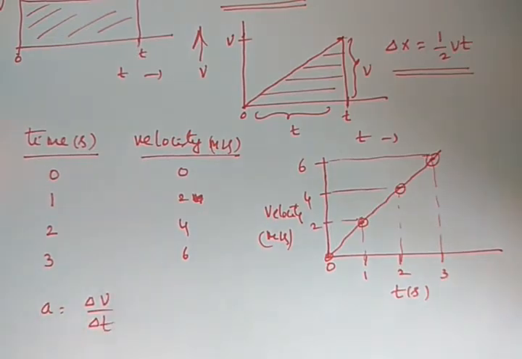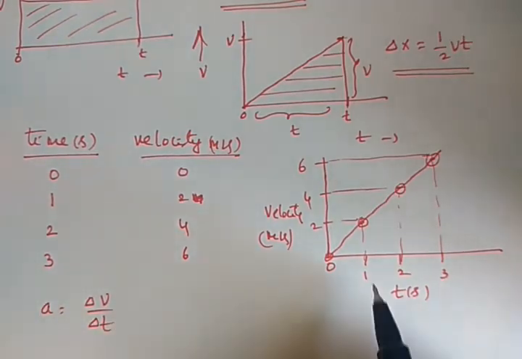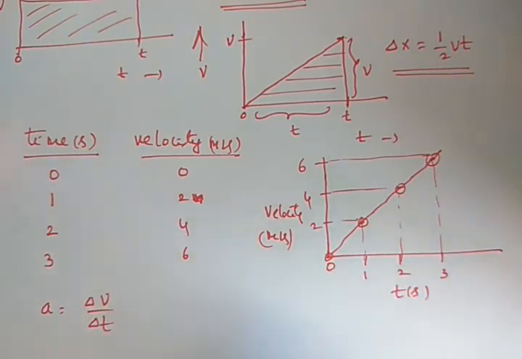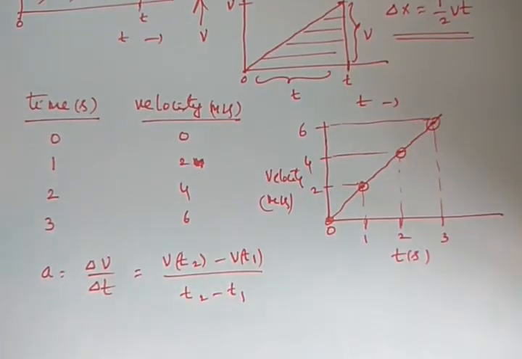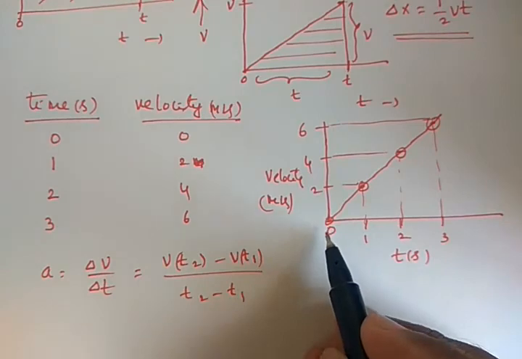For this case, let us try to find out the average acceleration of the body between time t is 0 and t is 3 seconds. Now that equals Vt2 minus Vt1 by t2 minus t1. Now let us compute the acceleration of the body between the time interval t is 0 and 3.